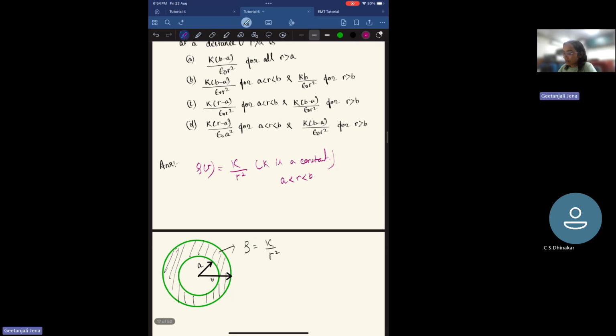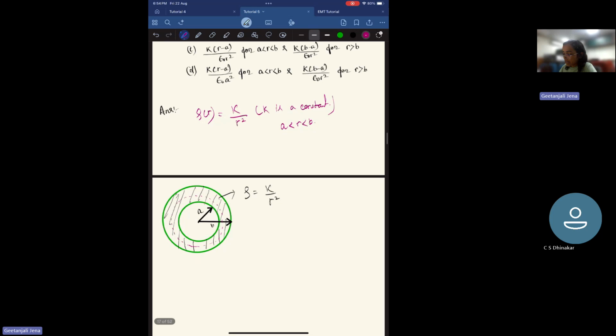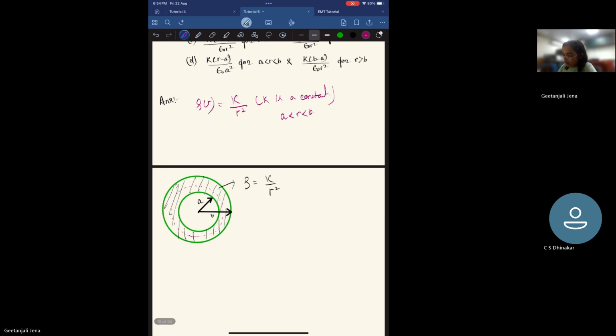Okay, if it is taking time, let me go through the solution. So for r greater than a, we can take a Gaussian surface, which will be a sphere, and between the two concentric spheres we have E dot ds is Q enclosed by epsilon naught.